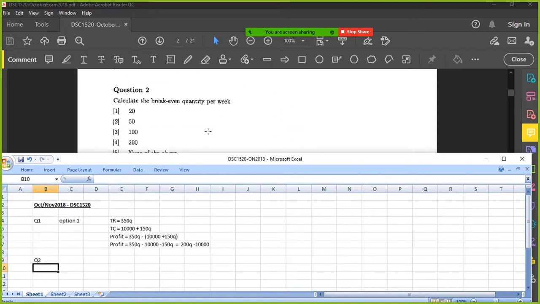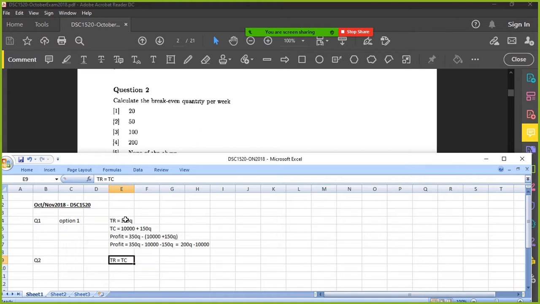Okay, thoughts about 2? Break even point is where total revenue equals total cost. Correct. Break even means there is no profit and there is no loss. So if your TR, your revenue, equals your TC, which is your cost, then you're not going to have a profit.